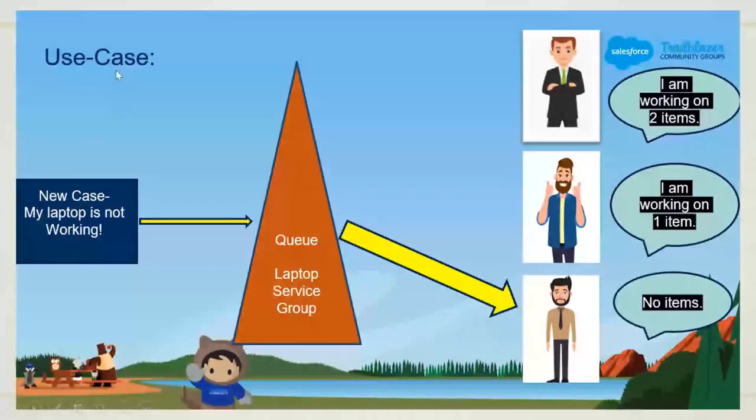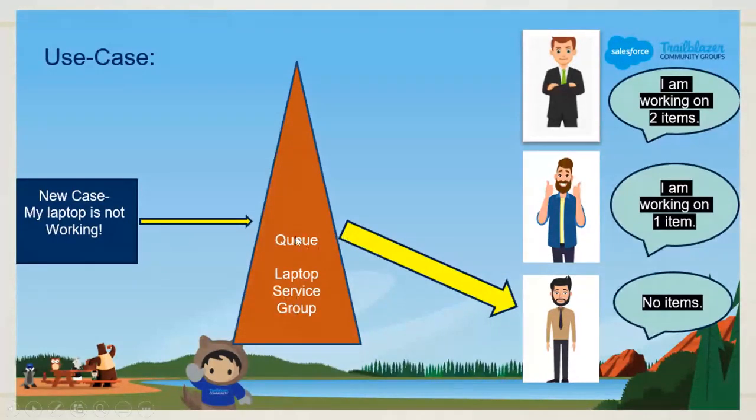So what does queue-based routing do? This is just a workflow. Like if a case is being assigned, saying my laptop is not working. When the case is being assigned, there will be a queue which is the laptop service group. This queue consists of these three agents. So when a case is created, it will be automatically routed to this queue.